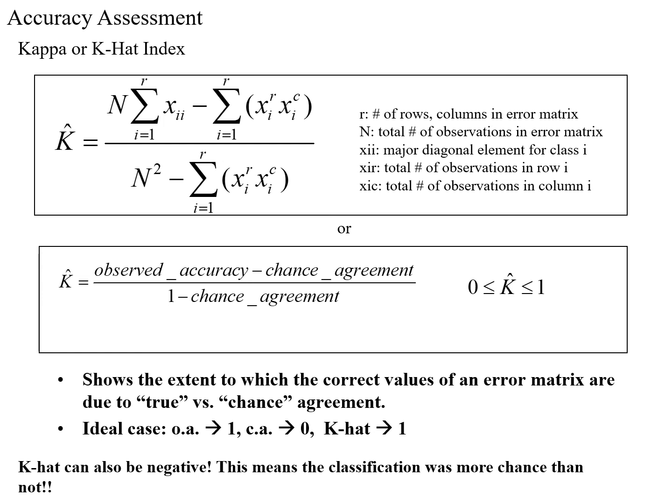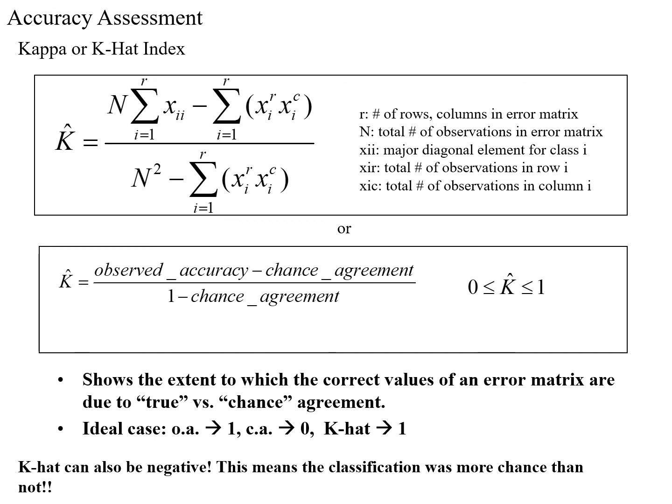All I want you to know is this, that k-hat is equal to the observed accuracy minus the chance agreement, which you get through the calculations that you're doing in the top box, divided by 1 minus the chance agreement. So we've sort of taken away the chance agreement and then divided by 1 minus the chance agreement.